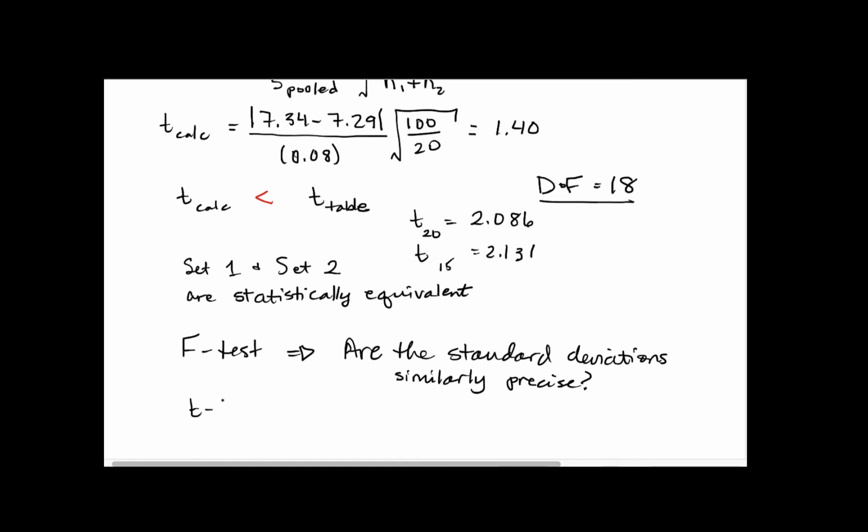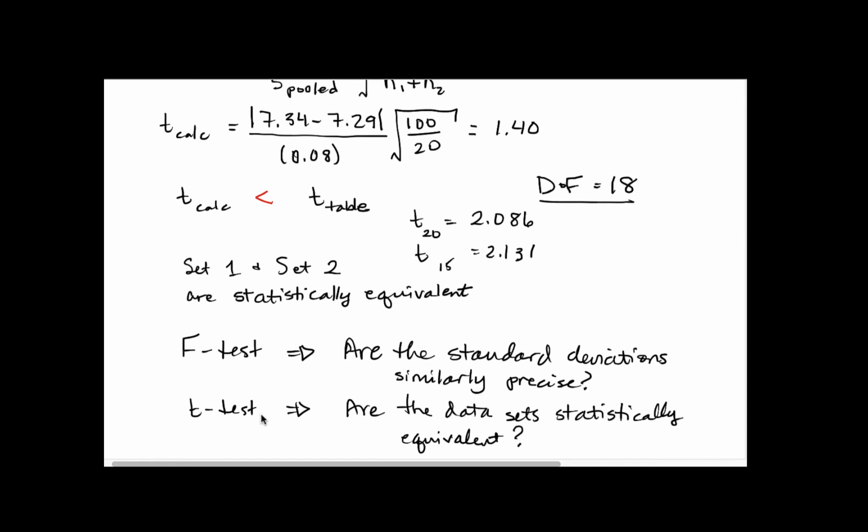When we do a t-test, this is the one that tells us if our data sets are statistically equivalent. So usually we have to do both sets of calculations, the F-test and the t-test.